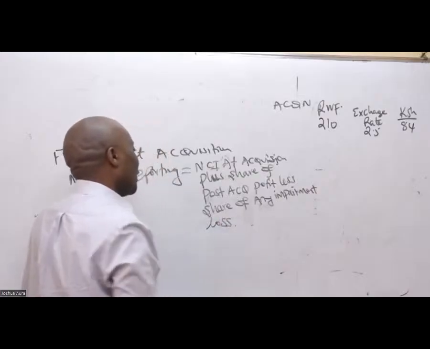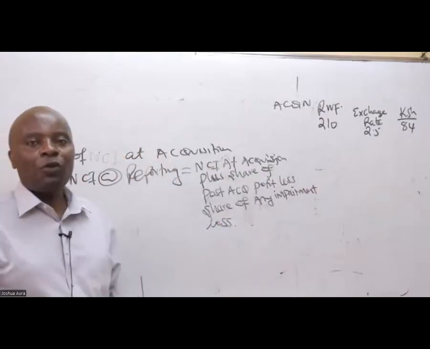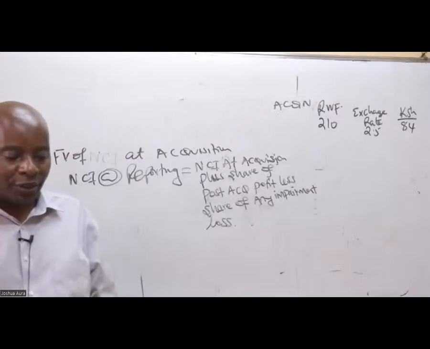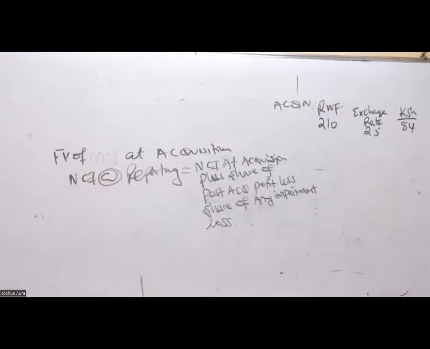So if you write like that, then the examiner will give you 4 marks out of 3. And I'm so sure you will get students wanting to discuss partial method and full method.